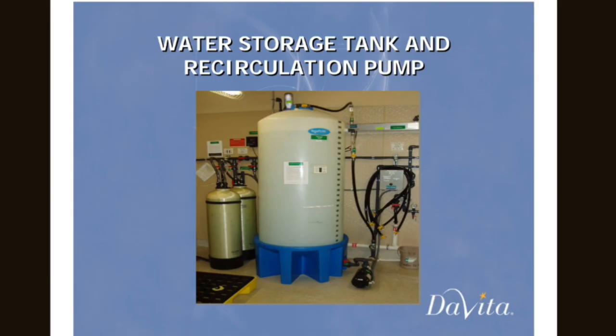The processed RO water is put into a tank which is generally made of steel because it lowers contamination, and then the water is sent for dialysis to our dialysis unit.